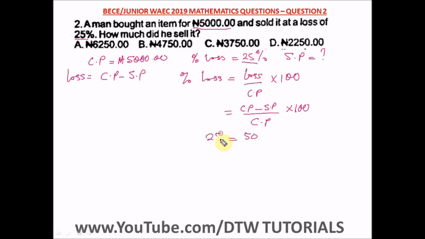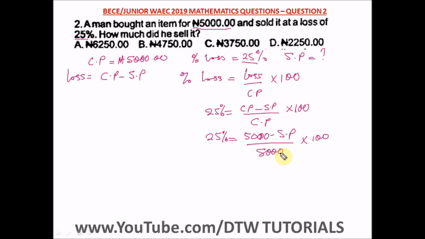Remember, our percentage loss is 25. So let's put in all our values. 25 here. So that will be 5,000 minus SP, which is our unknown, the selling price, divided by 5,000 times 100. So from here, what do we do?